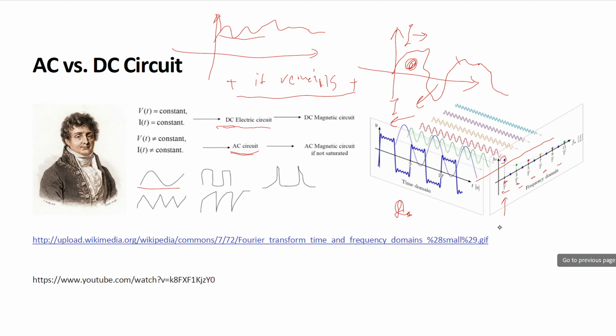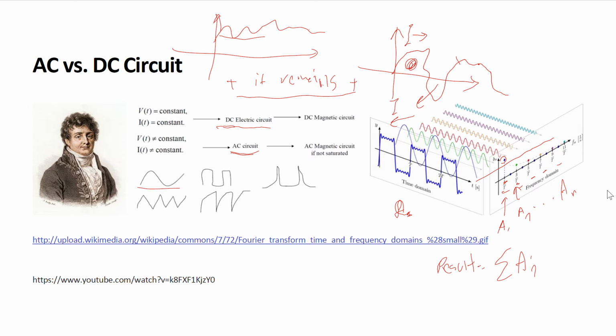So we do analysis number 1 for the first frequency, analysis number 2 for the second one, all the way to the rest. The overall result would be the superposition of the results of all those analyses.